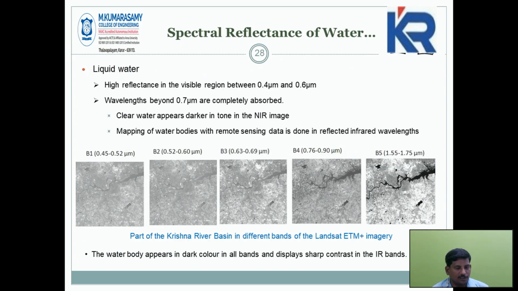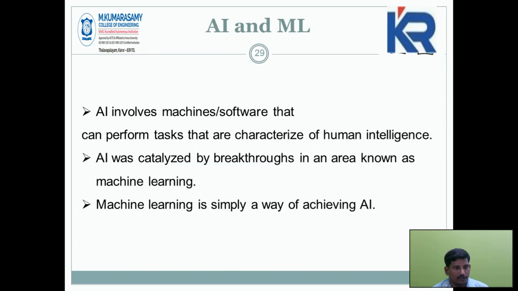Similarly, the picture shows the reflectance of an area, part of the Krishna river basin, in different Landsat imagery, with band levels of 0.45 to 0.52, 0.5 to 0.6, 0.63 to 0.69, and 0.7 to 0.9, up to the ground resolution taken.